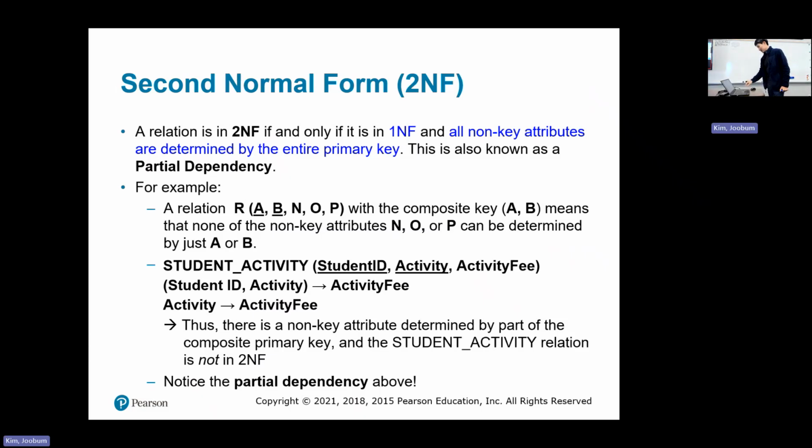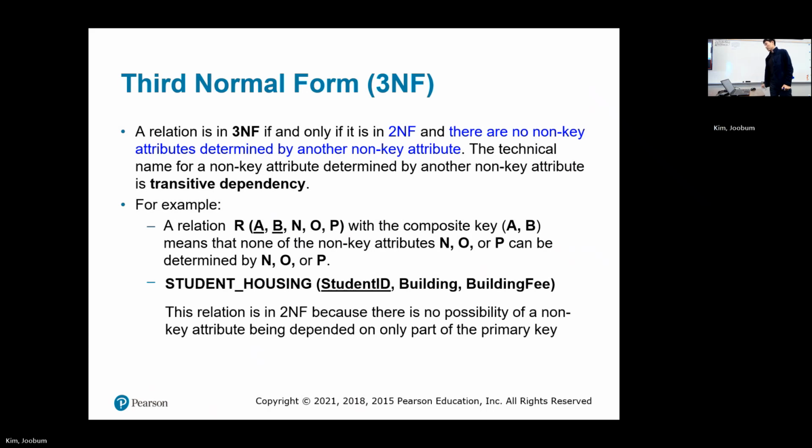And then third normal form: the relation should be in second normal form and no non-key attribute is determined by another non-key attribute. For example, A, B are the entire composite primary key and N, O, P are non-key attributes. The non-key attributes N, O, P should be determined by the primary key.